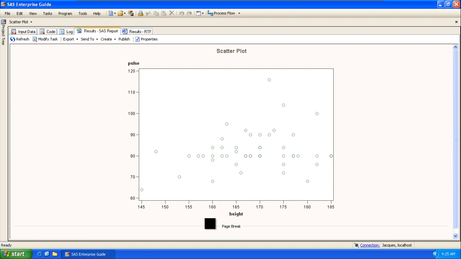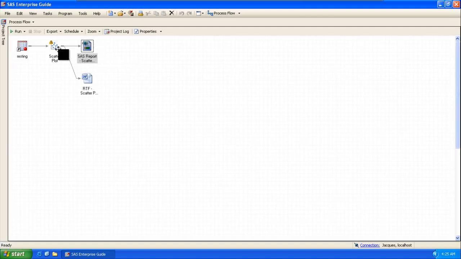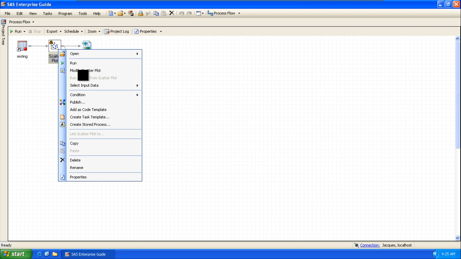Scatter plot is very important to know about the relation of two variables. Just correct this one, modify it.